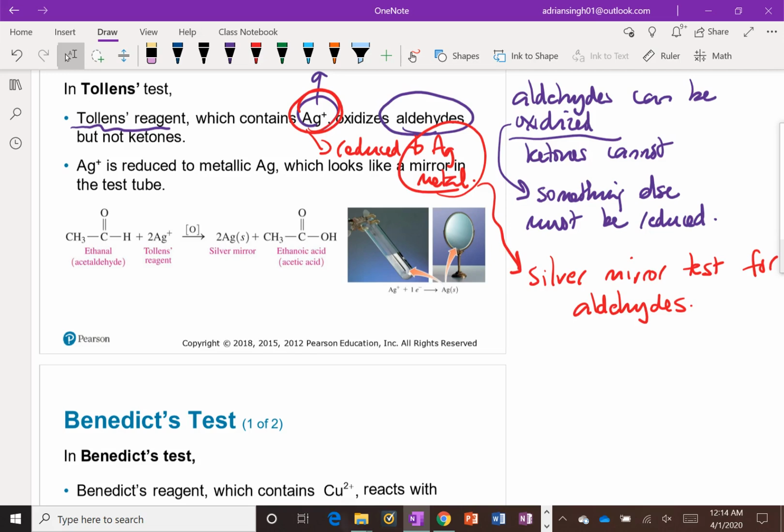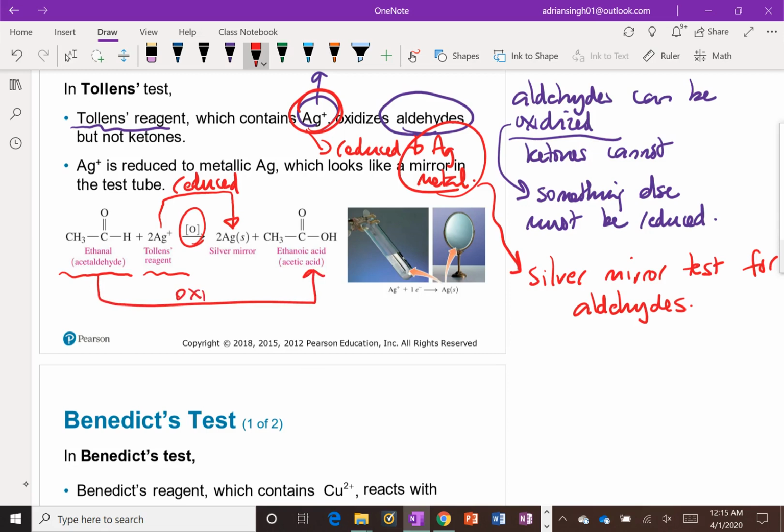So if we take a look at an example, there's our aldehyde, ethanal, with Tollens reagent under the oxidizing conditions. The silver ion gets reduced to the silver mirror, whereas the aldehyde gets oxidized to the corresponding carboxylic acid.